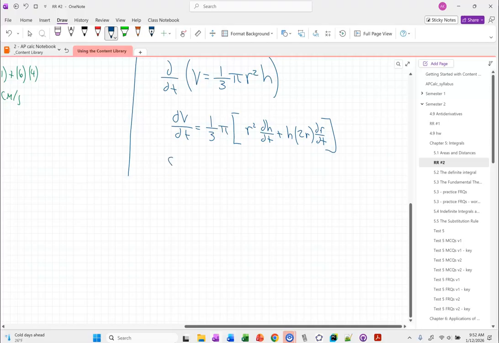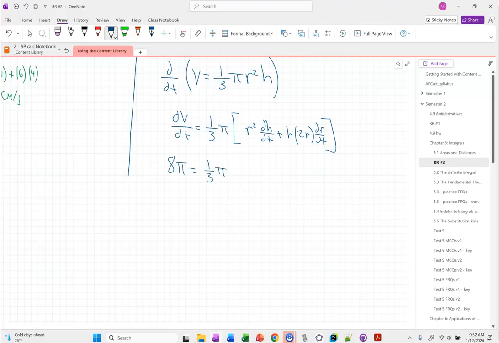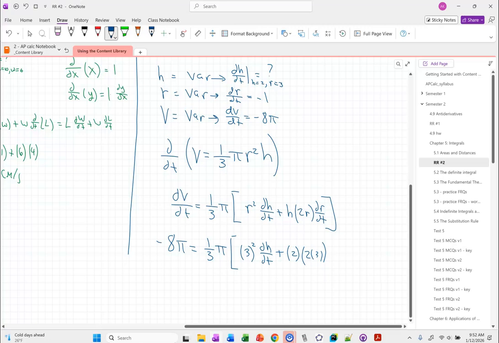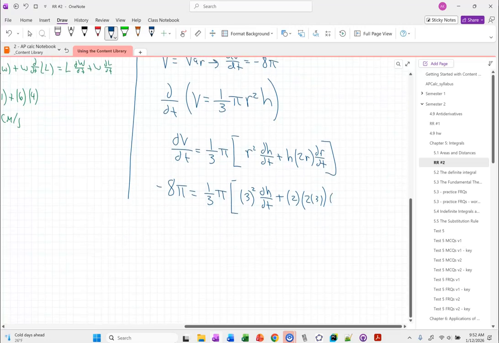Okay. So now we just fill in. So dV/dt is 8 pi. R is 3. dh/dt is what we're looking for. H is 2. R is 3. And dr/dt is, oops, that's negative, is -1.